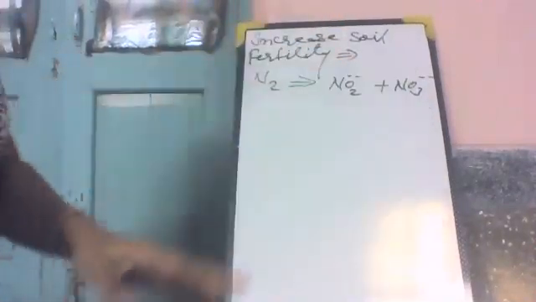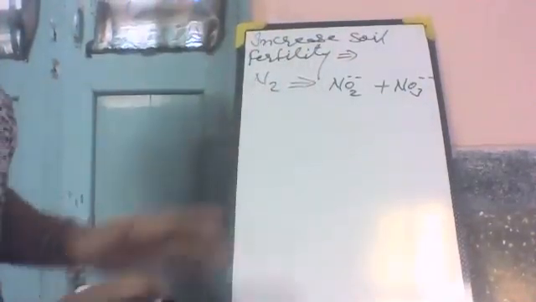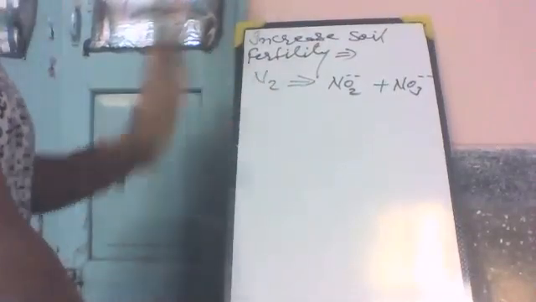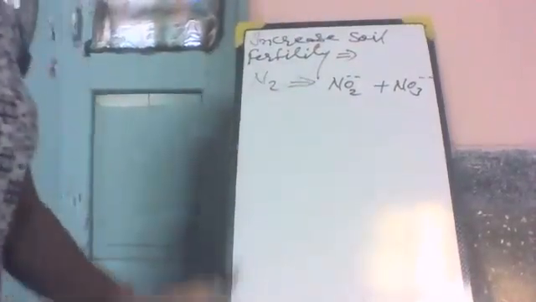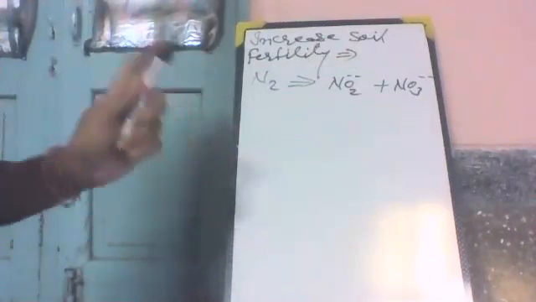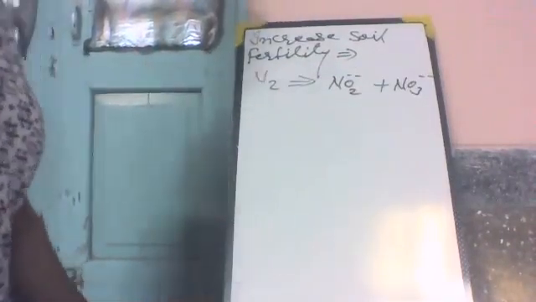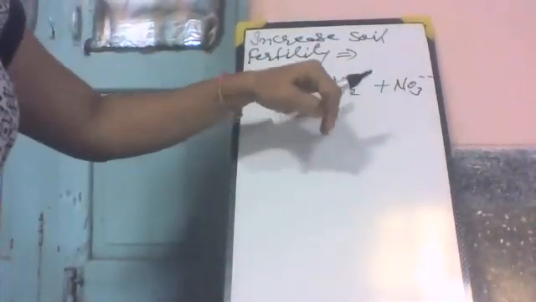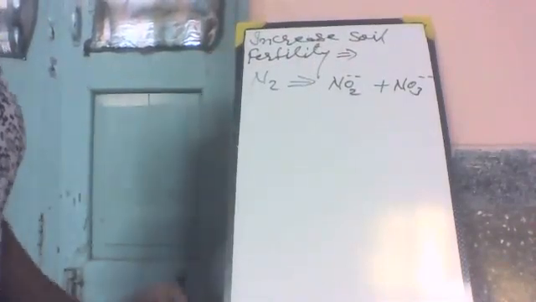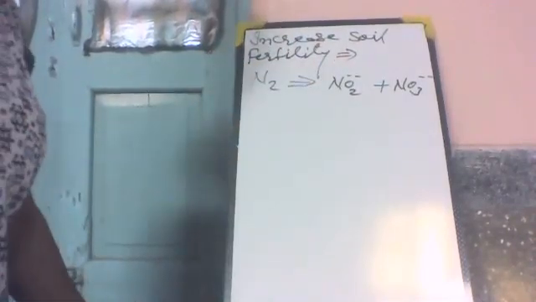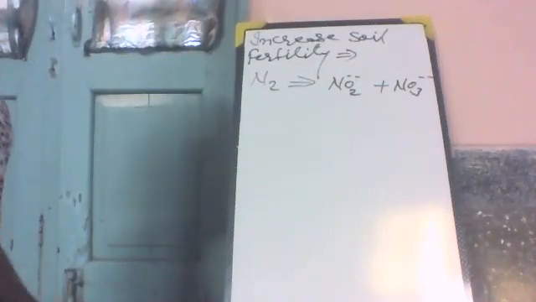You may study about this in higher classes. So we have to know only this: nitrogen is changed into nitrites and nitrates by some bacteria, and these are soluble, so the plant can absorb them and they help the plant's fertility easily.